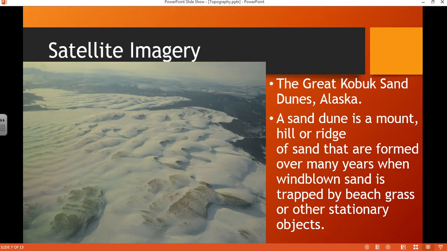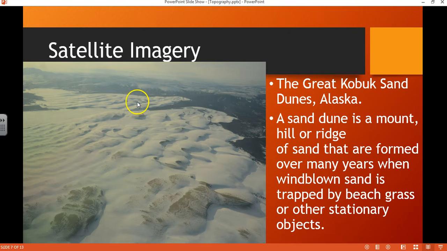Now, what's neat about these polar sand dunes is that the wind changes these dunes much slower than the wind changes the sand dunes in a warmer climate. Warmer climate sand dunes can change very rapidly over a very short amount of time, whereas a polar sand dune takes a lot more time.